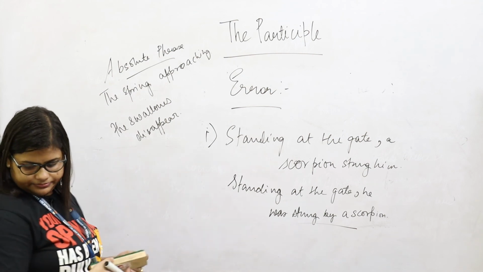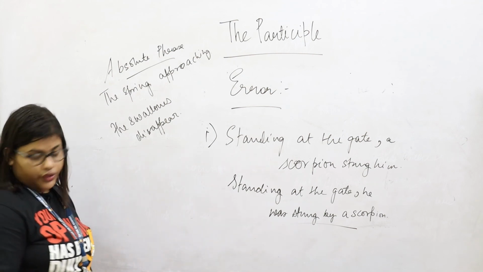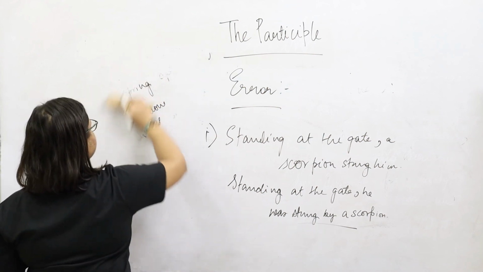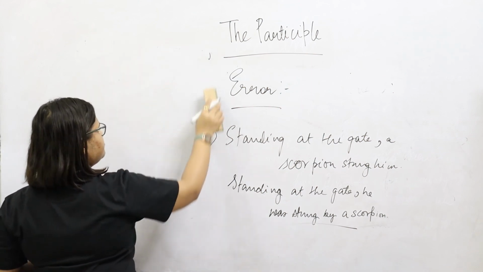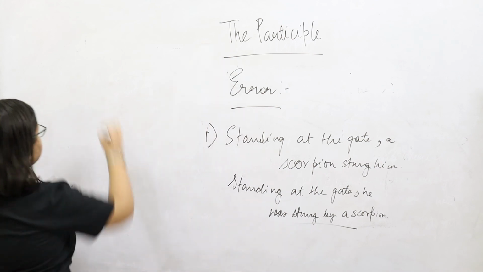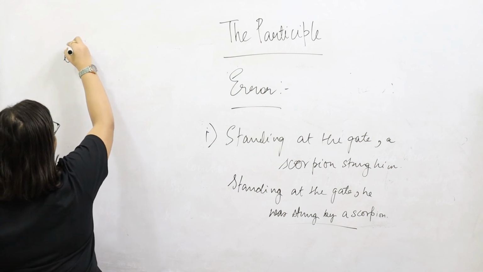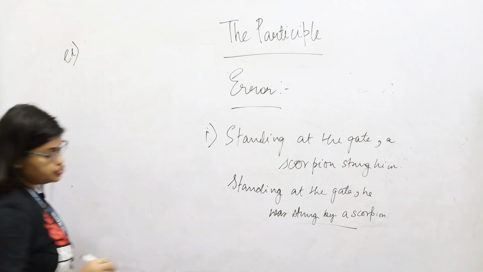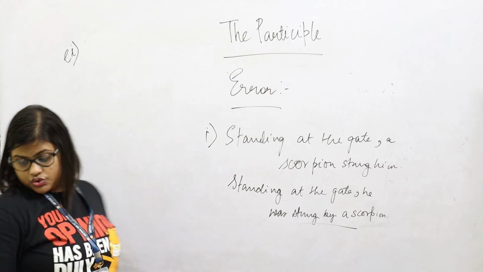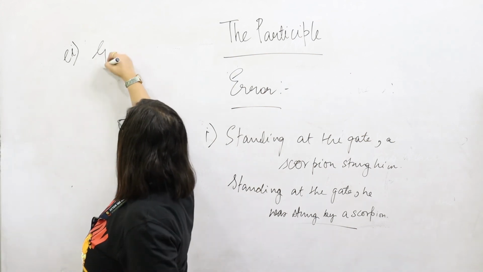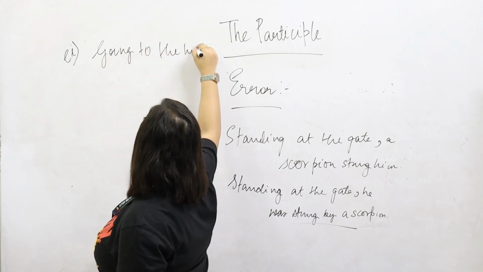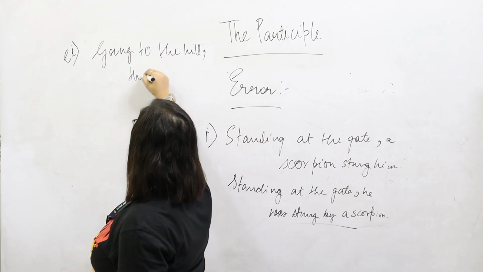Also, we'll take two or three more examples of the same error correction, because that is what appears in our exams also. So one more example could be: going to the hill, the temple was seen.